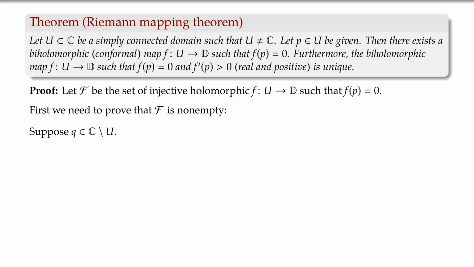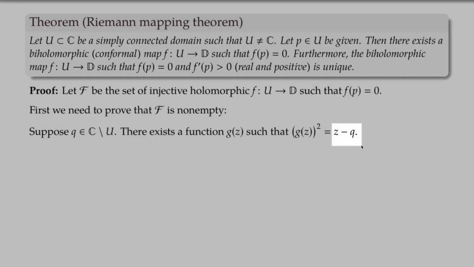This is basically just like in the proof of Casorati-Weierstrass. But we're probably not so lucky, because, for example, the slit plane is simply connected, but the complement does not have an open set. So we can only assume that there is a single point Q that's not in U.